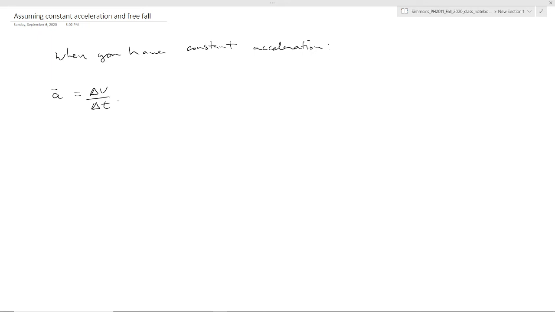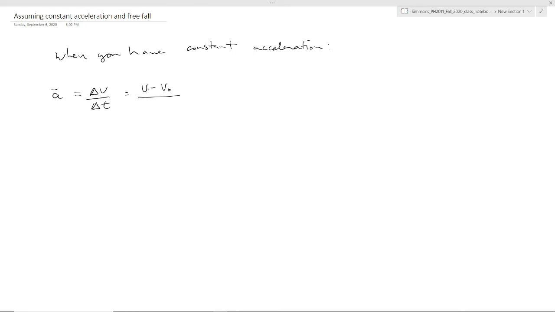And the thing is, if we have a constant acceleration, that means that the average is going to be the same as the actual acceleration because it's not changing, it's constant. And we can expand this a little bit. These deltas, recall, this means the change in something.